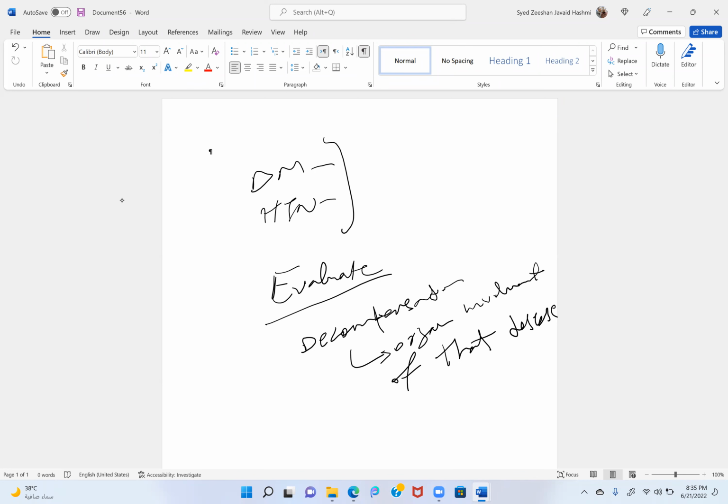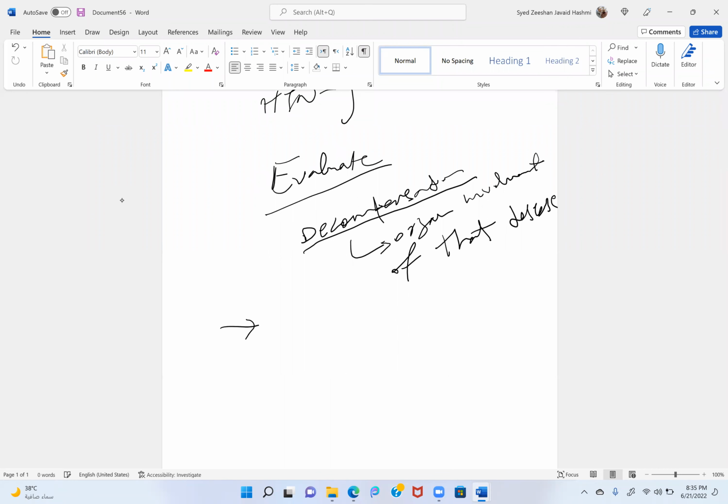Okay, so decompensation due to organ involvement of that disease. That may be in only one system or multi-system.